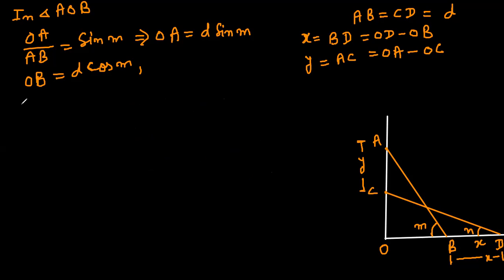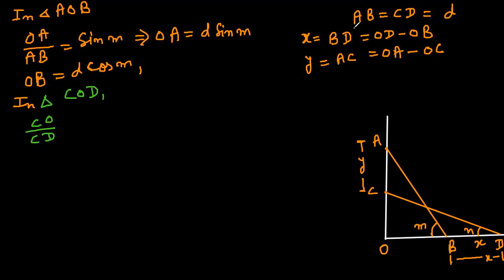Can we now find the other right angle triangle? That is triangle COD. The angle of inclination is n there. So you can find CO divided by CD.